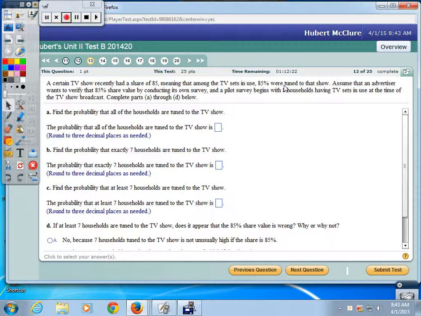Find the probability that all of the households are tuned to that TV show. So what would that be? Well, let's highlight the word all. So what is X going to be?